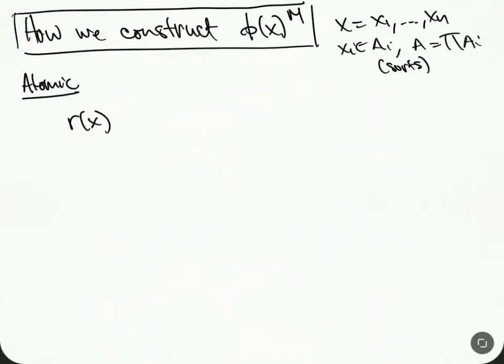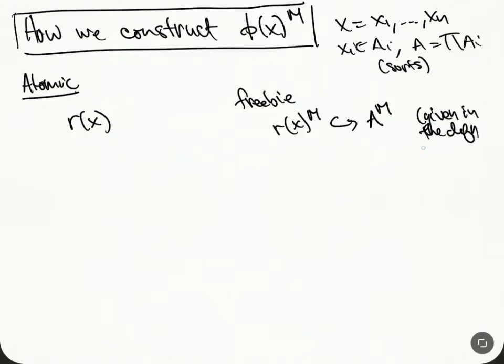In the interpretation, we have a freebie. So remember that R x of m was given. So this was given in the definition of the structure. Of a structure. Okay, so we already have these sub-objects here. Okay, but how do we do it for terms? Okay, so atomic formulas have terms involved in them.